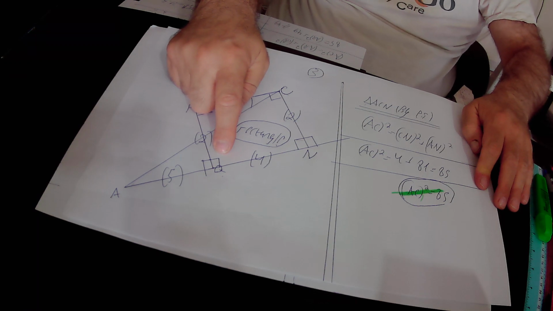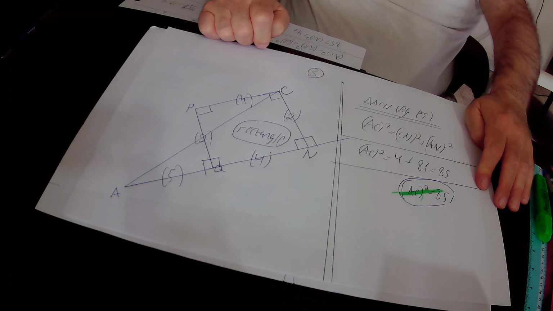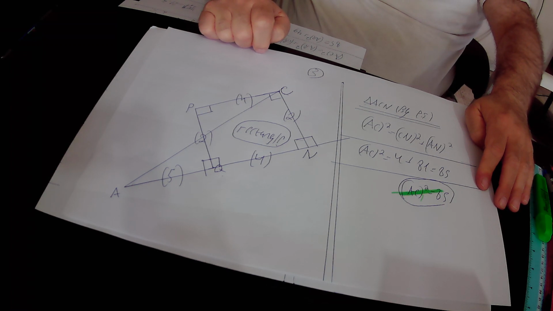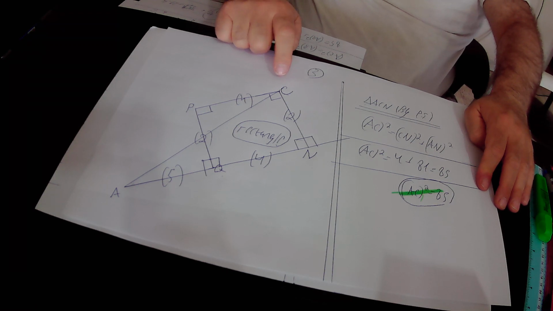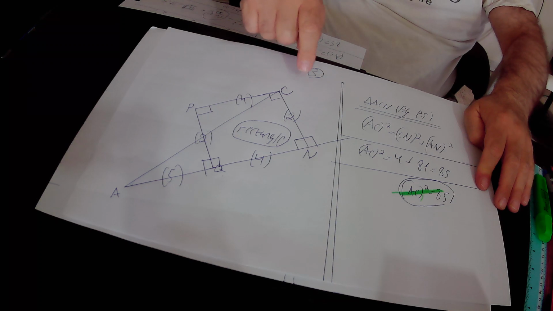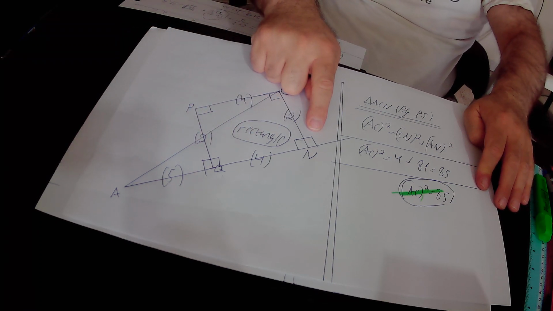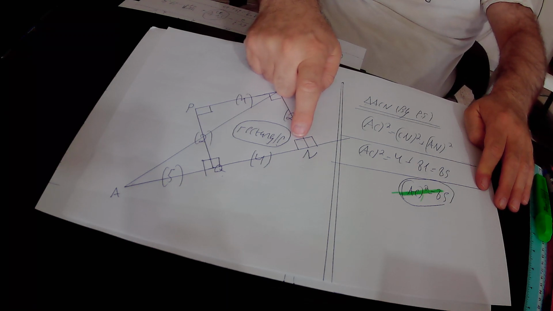Therefore, this missing angle must be equal to 90 degrees. In the next step, we did a construction. That is to say, from point C, we drew a perpendicular on the extended AQ. So this angle equals 90 degrees, and this angle also equals 90 degrees according to our construction.